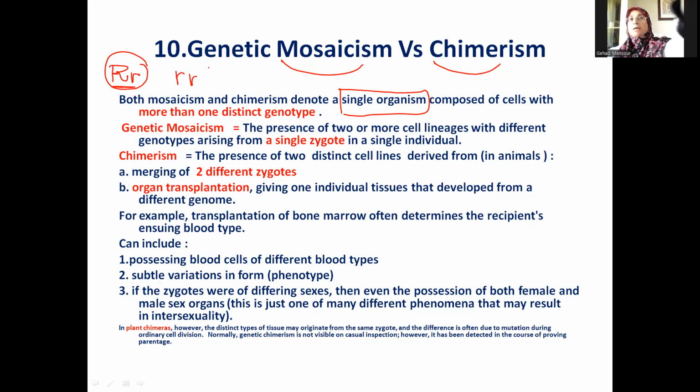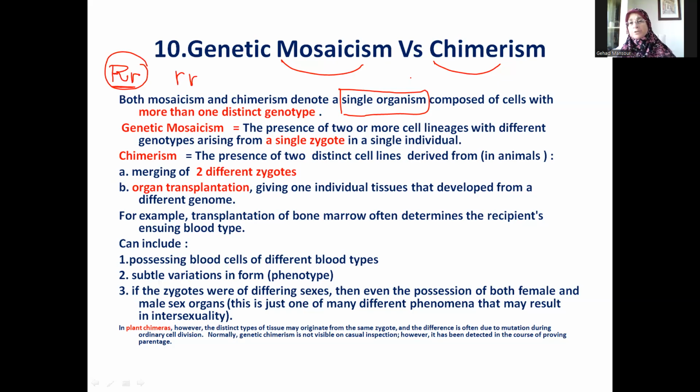This denotes a condition of Mosaicism, where a single organism has different genotypes in different parts of the organism.